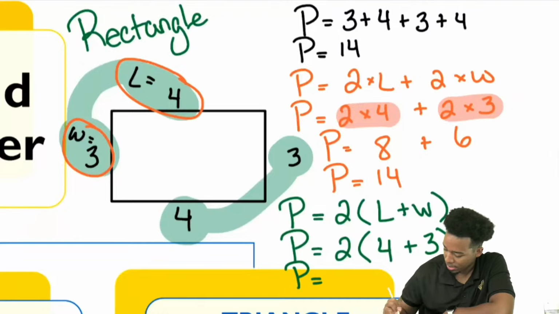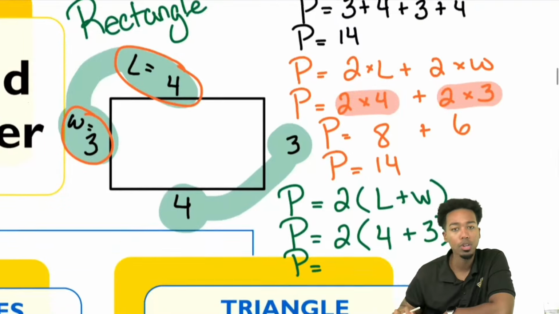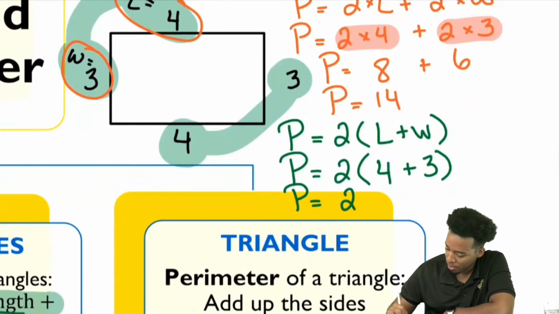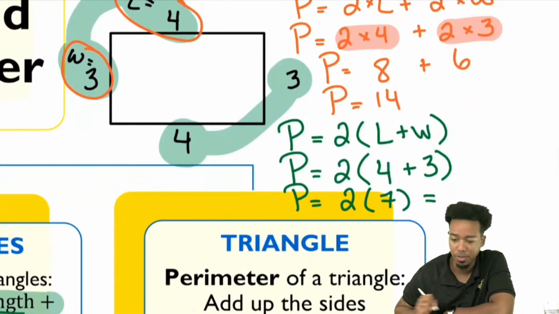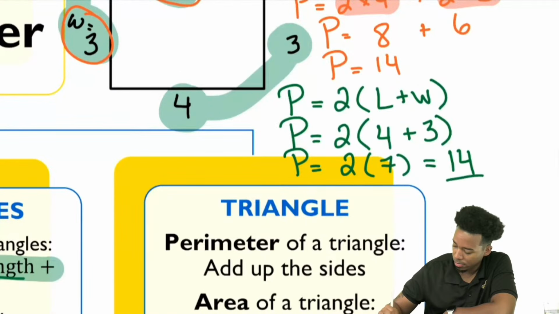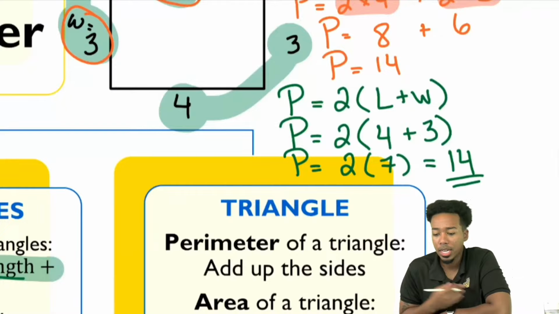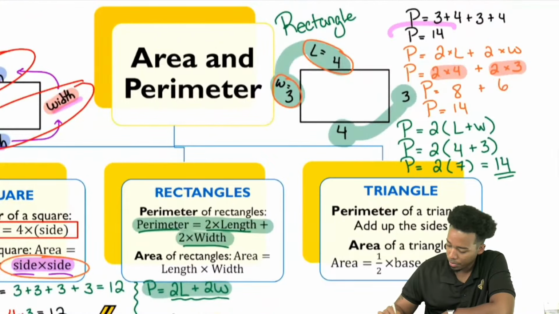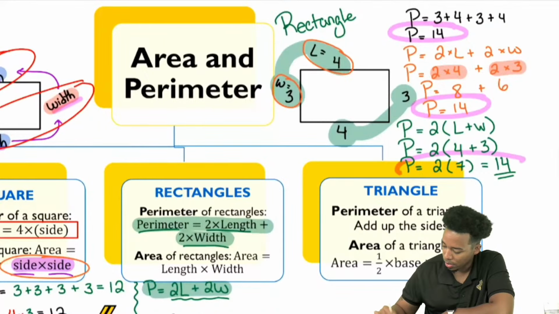Everybody, 4 plus 3, if we're working with a parentheses first, obviously, that'll be what? That'll be 7. So we have 2 times 7. What's 2 times 7, everybody? And that'll be 14. So notice how either way, any way we do it, it will work.